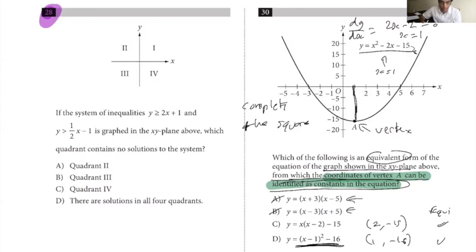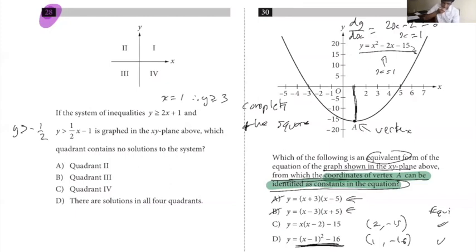So basically for the first one, y is greater than or equal to 2x plus 1, so I substituted x with 1, so then y must be greater than or equal to 3. And then for y greater than half x minus 1, y would be greater than negative half.